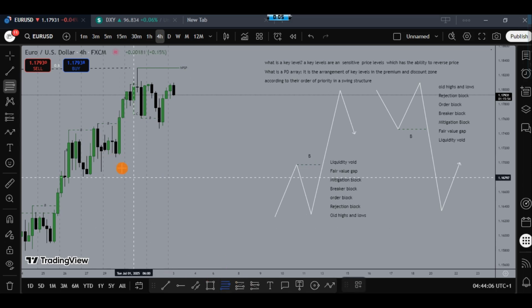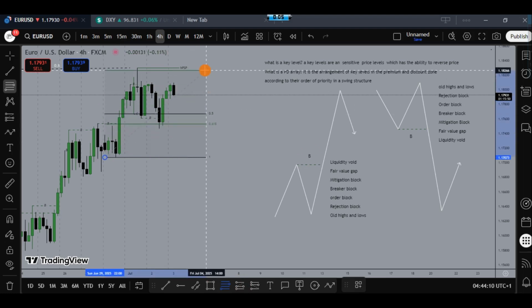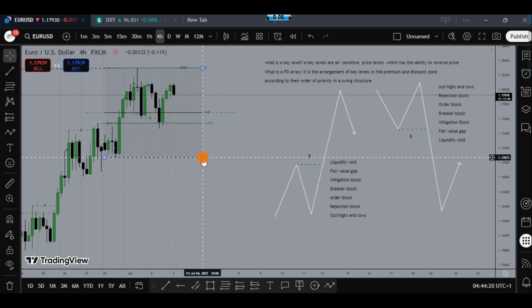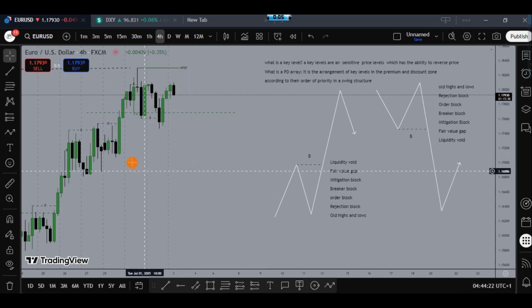So I have to mark from here to here, to this top, the higher high. Then I mark my equilibrium, which is this line over here. So I'll use that line as my equilibrium.